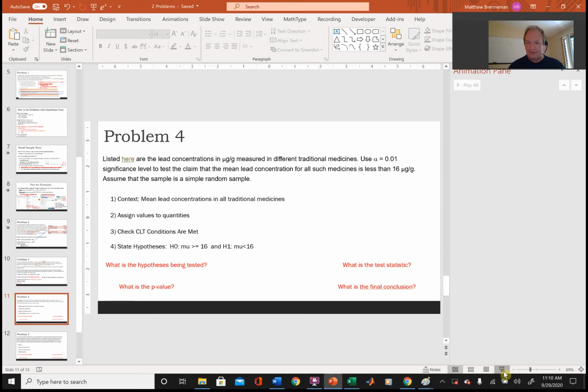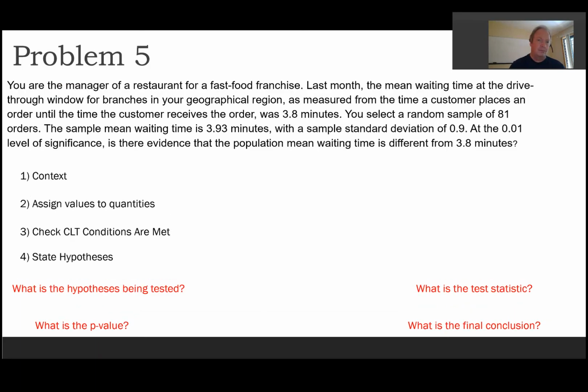All right, last problem. So what I want you to do in this problem is to take it apart the way that we did before. You can read this problem statement. You can fill out the first 4 pieces of background information you're going to need.